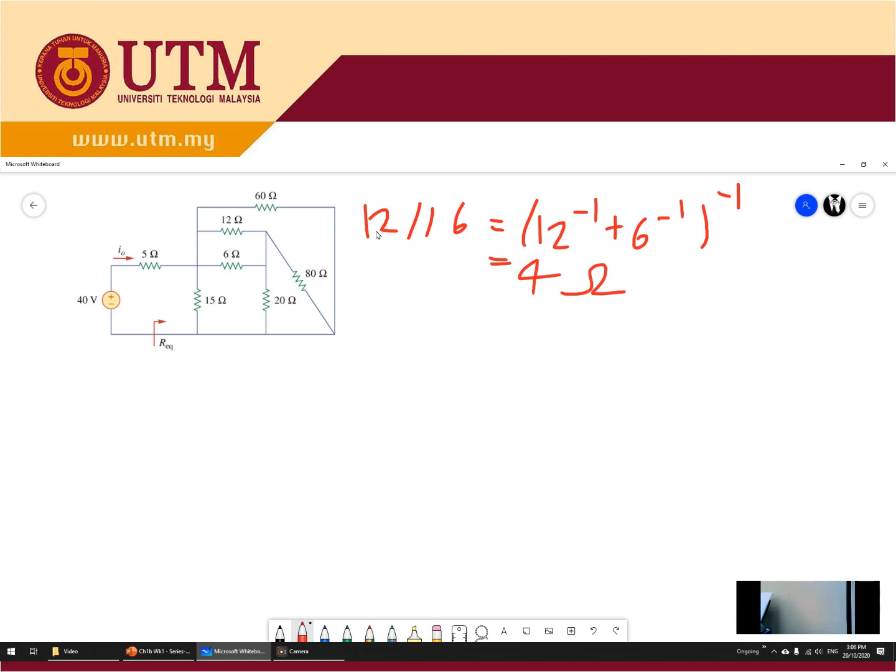Next is this one, 20 parallel with 80, it is in parallel, so 20 reciprocal plus 80 reciprocal, then inverse. So use your calculator and you get 16.